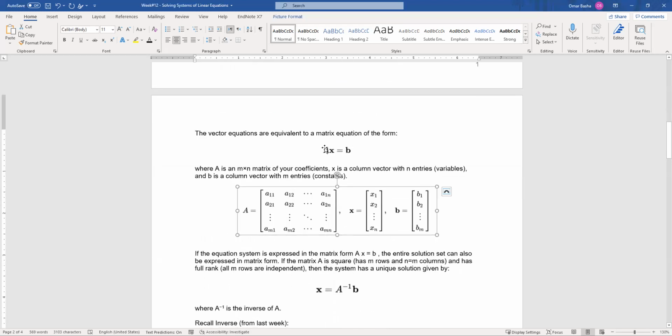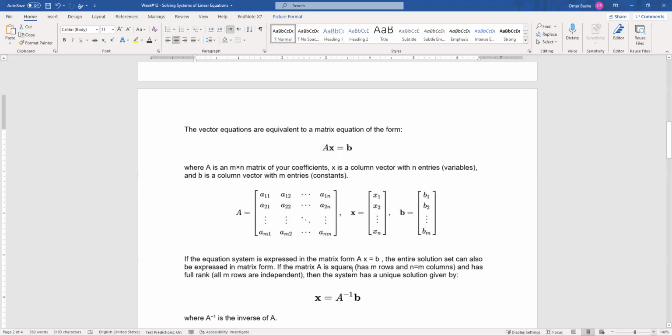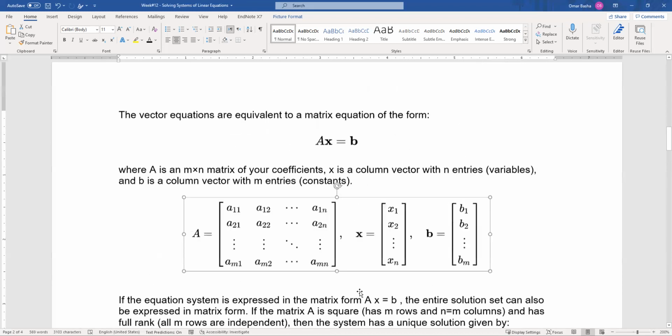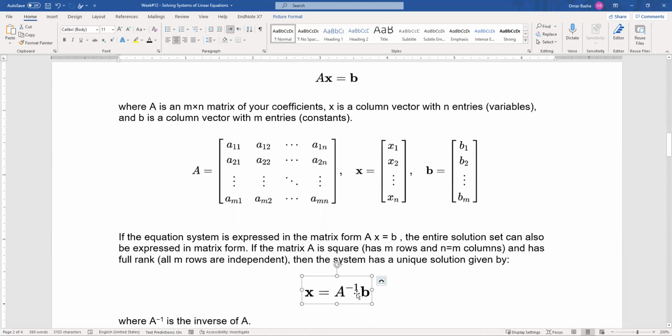So in order to solve this matrix equation, basically we're solving for x. x is equal to the inverse of A multiplied by b, right? x is equal to A to the minus 1 b.